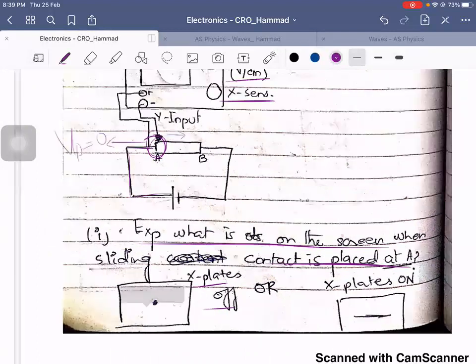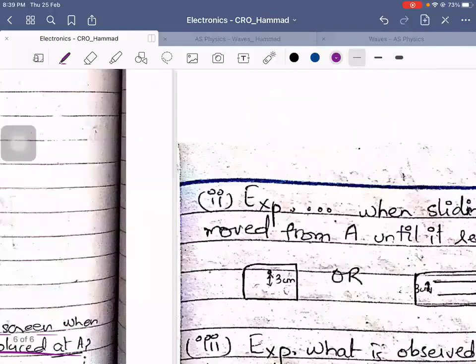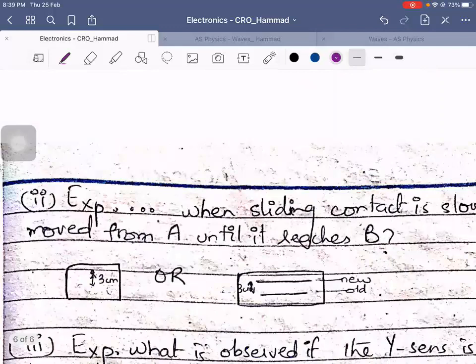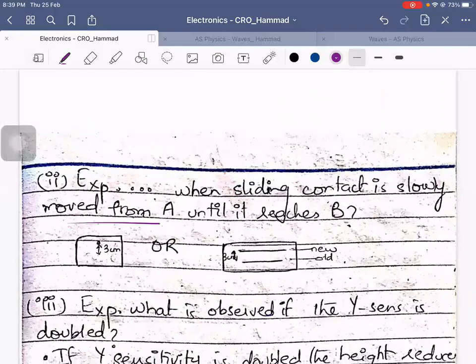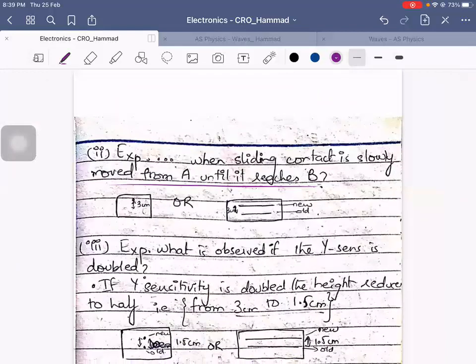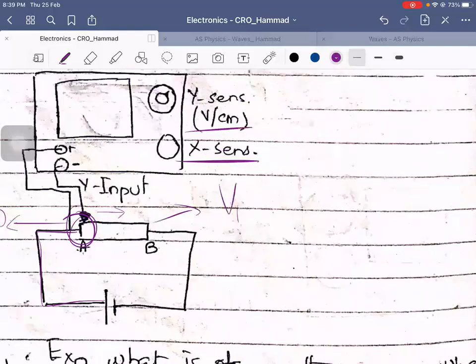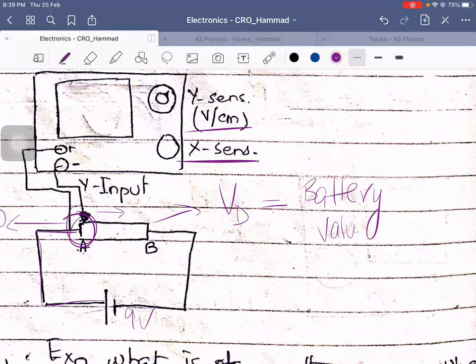But as soon as the X plates are on, there's a horizontal X-axis translation. Similarly, when the sliding contact is slowly moved from A to B, the voltage drop at point B would be the battery value. Let's say if the battery was 9 volts, all of those 9 volts will be dropped onto the resistors, given that there is no other component in the circuit.